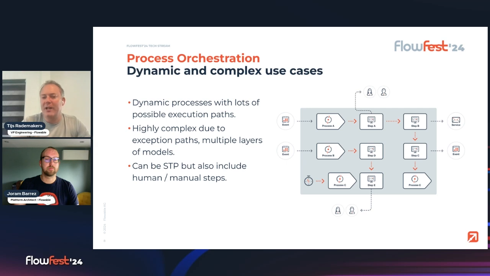And if you look at more highly complex use cases, it happens a lot in real life because exception paths often have a lot of possibilities. So you have the happy path in your execution, which is often quite structured and quite predefined. But for exception paths, a lot of logic is needed.